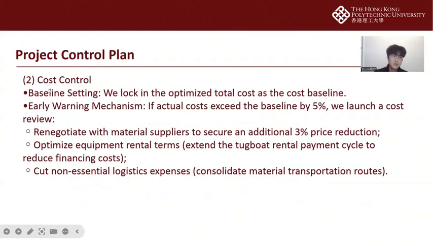Next is cost control. We use the optimized total cost as the cost baseline. If actual cost exceeds the baseline by about 5%, we launch a cost review. So there are many methods for how to control cost.